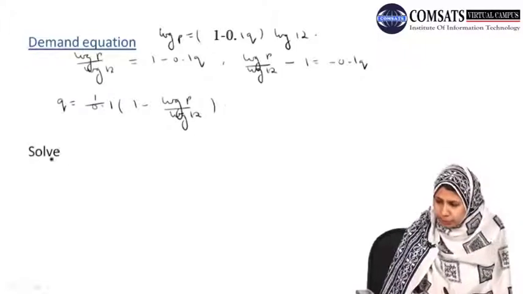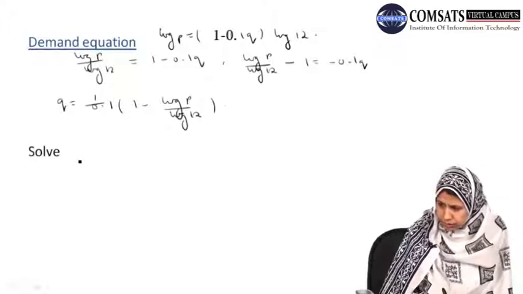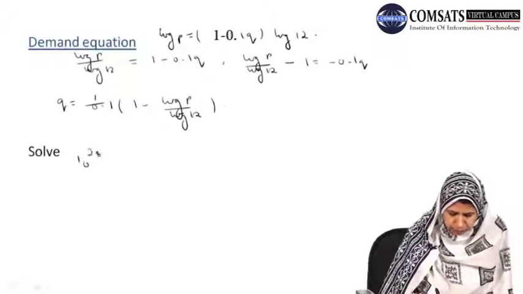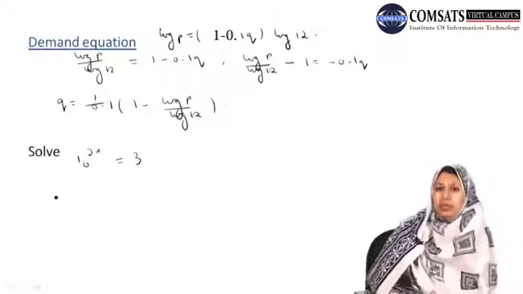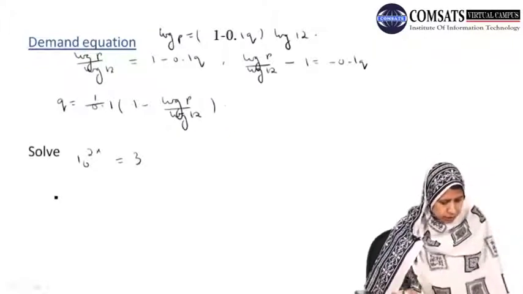Let's take one more example. We are asked to solve 10 to the power 2x is equal to 3. That is, we are asked to find the value of x which satisfies this equation.